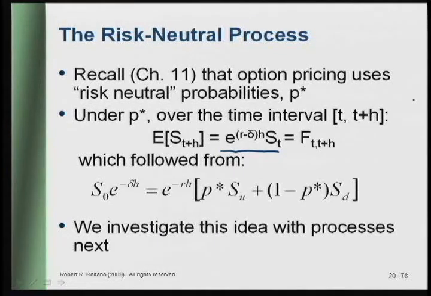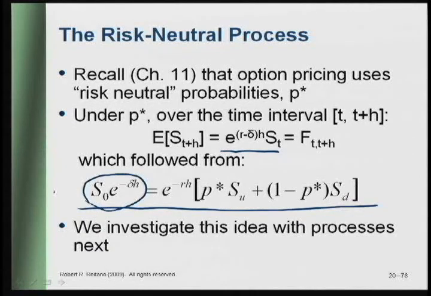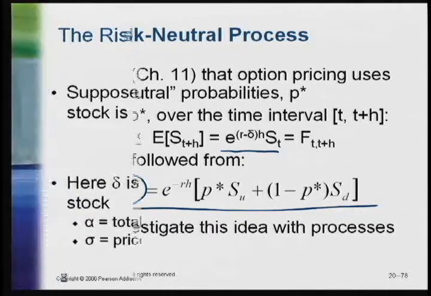And this comes from the formula in that earlier chapter, where we saw that when we took the present value of the expected stock price, we got this term you would recognize as the prepaid forward of the stock. And so the present value of the expected stock price is the prepaid forward. If I multiply by e to the rh, I get the forward itself.